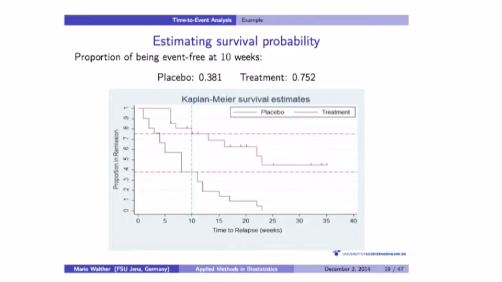So for the placebo group, the median event time is about 8 weeks, and for the treatment group, the median event time is about 26 weeks.